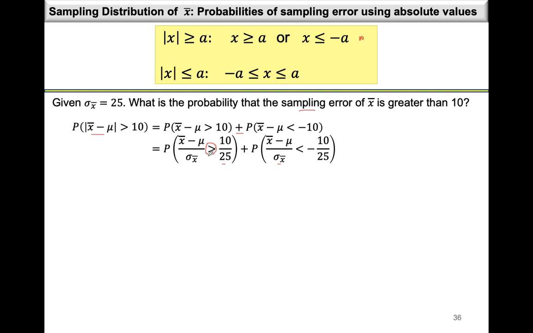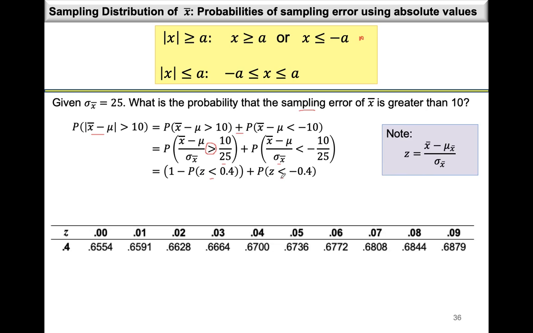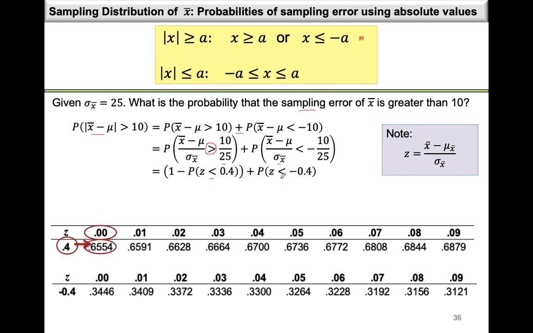So this is now equal to 1 minus the probability of z less than 0.4, plus the probability of z less than -0.4. From the tables, we find the probability of z less than 0.4 as 0.6554 and the probability of z less than -0.4 as 0.3446.